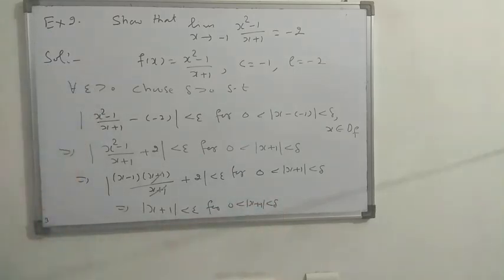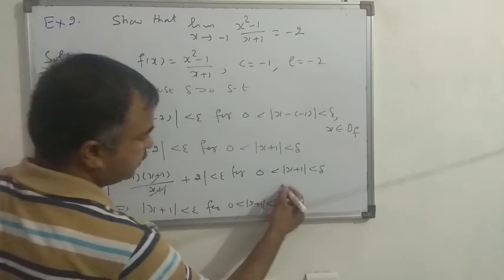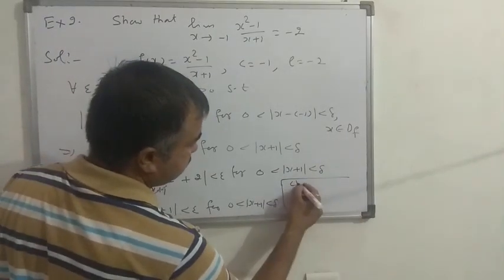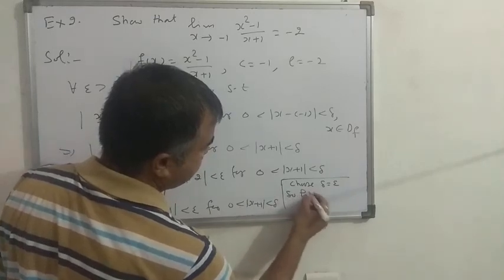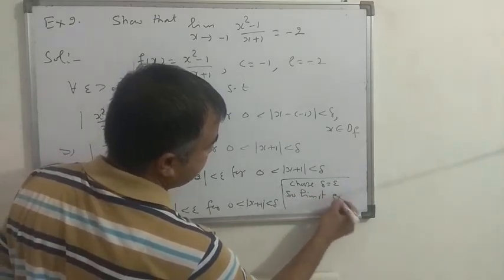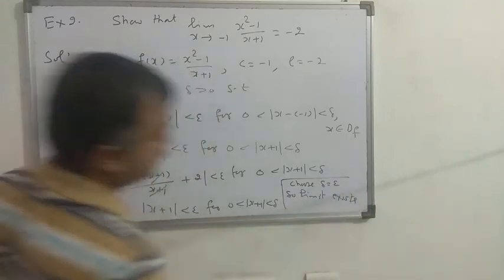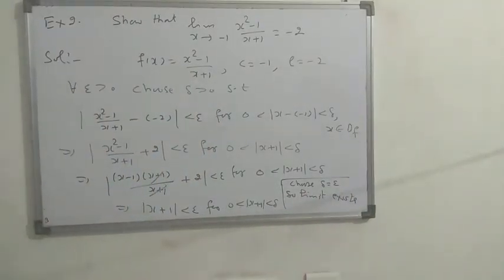So choose delta equal to epsilon, we find the limit exists. Thank you.